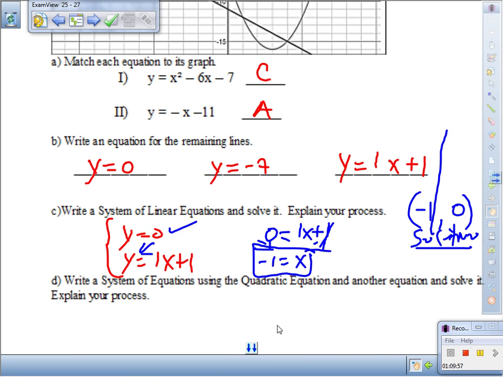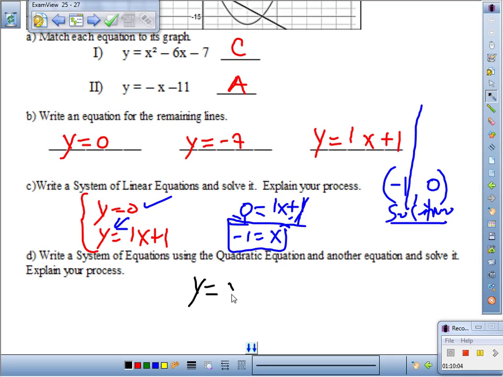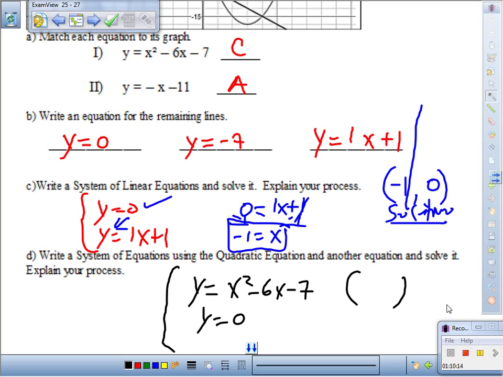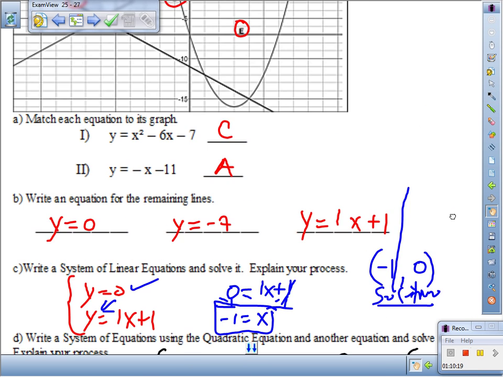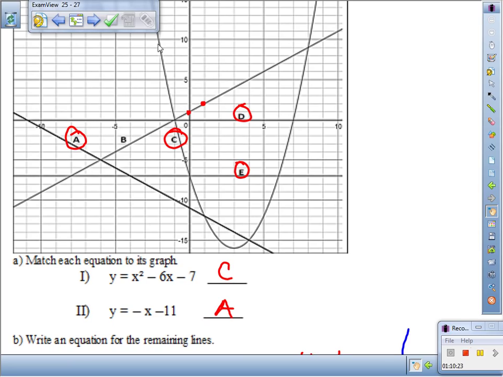Okay, good. So to the last one, write a system using the quadratic equation. Let's write it. y equals x squared minus 6x minus 7. And what other equation do you want to use out of those 4? y equals 0. Who can give me the solutions? Here's the quadratic equation. Here's this one. Where do they intersect?